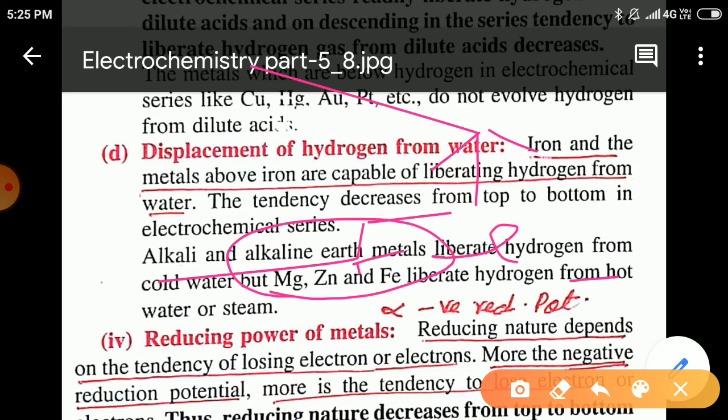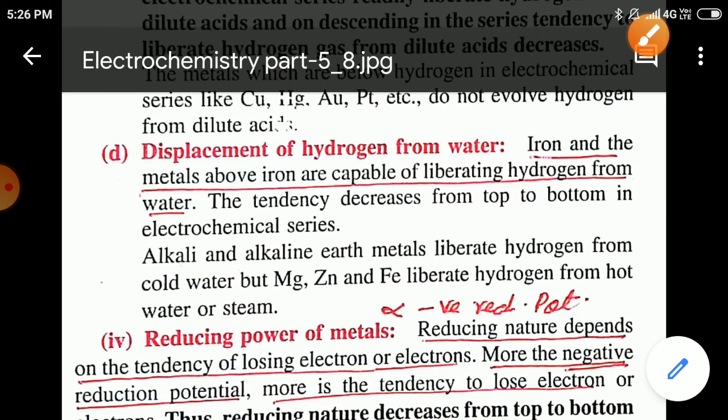Remember this point. The element which has a much more negative value of reduction potential releases hydrogen from cold water, but a chemical species containing a less negative value of reduction potential is unable to liberate hydrogen gas from cold water.